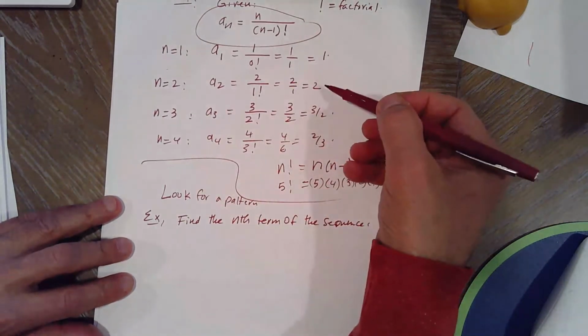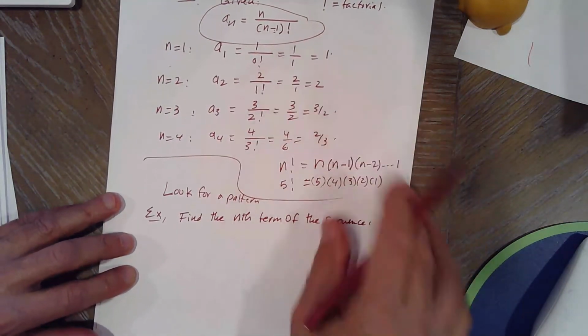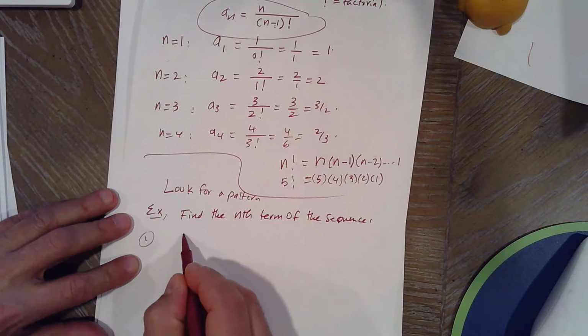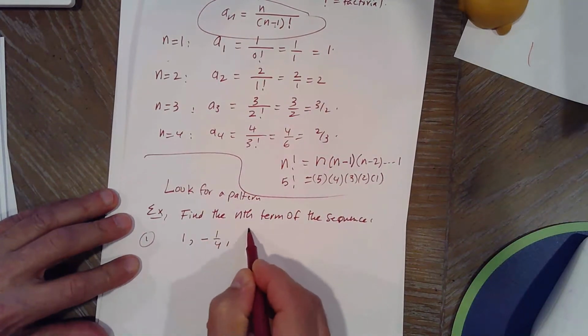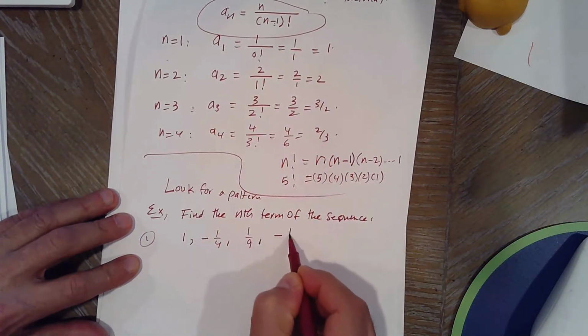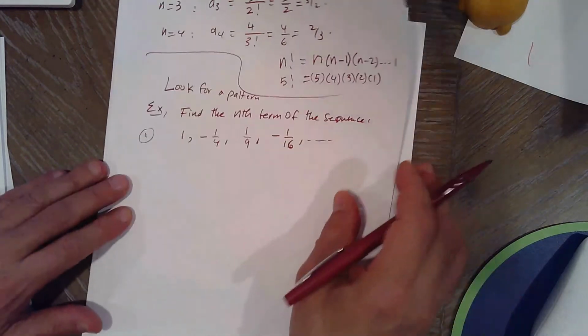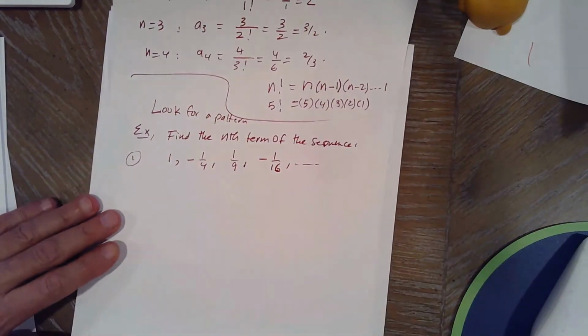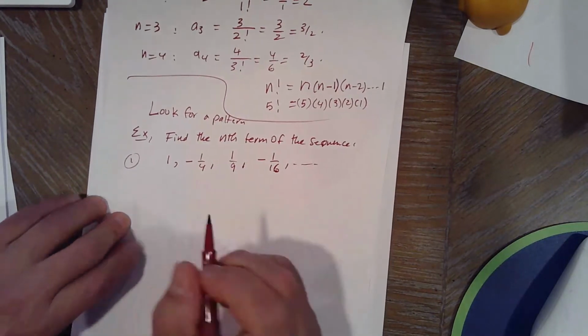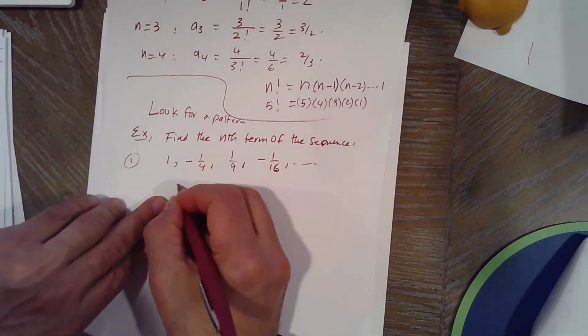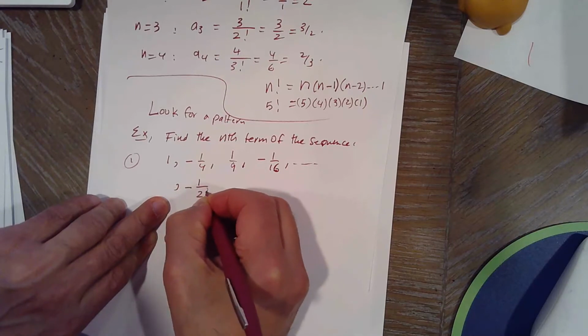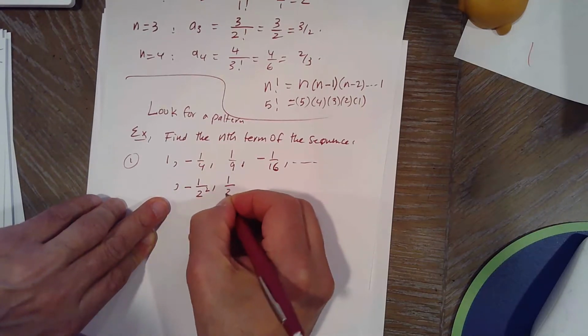Now what if I'm given the terms? How do I find the general term? Say I have 1, negative 1 over 4, 1 over 9, negative 1 over 16. Of course, they're not going to give us all the terms, but they'll give us enough to figure it out. So you can see from some observation that this is negative 1 over 2 squared. This is 1 over 3 squared.